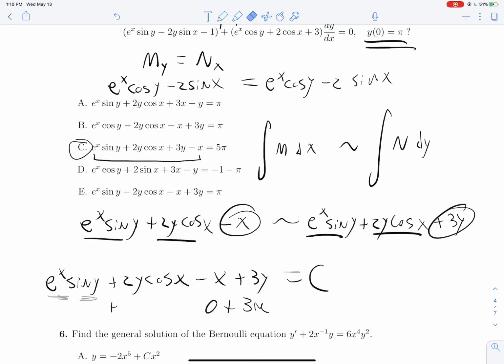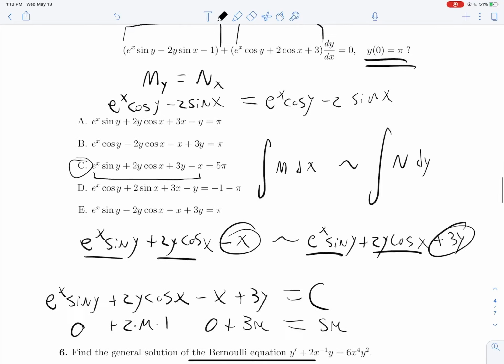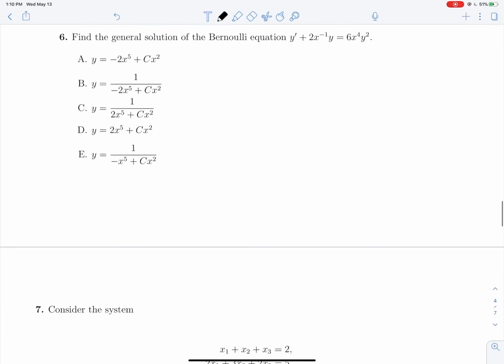Sine of pi is 0, and then 2 times pi times, sorry, it's the cosine of 0, so times 1, so 2 pi times 1 plus 3 pi, there is our 5 pi for C that we were expecting. Okay, sorry, that got a little sloppy in the end, but we figured it out.